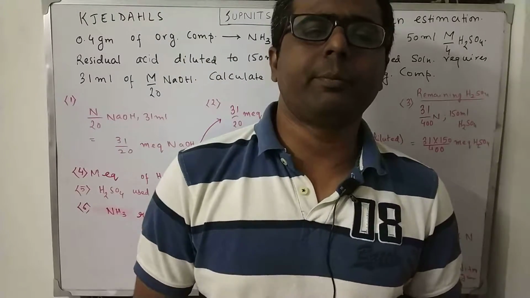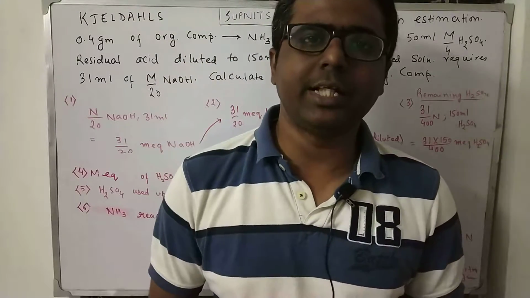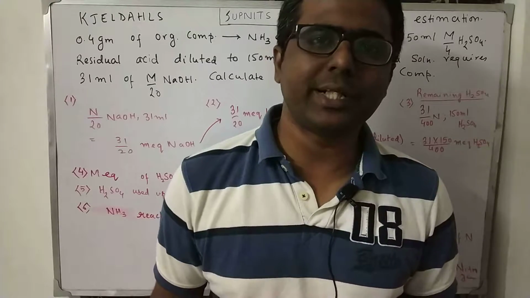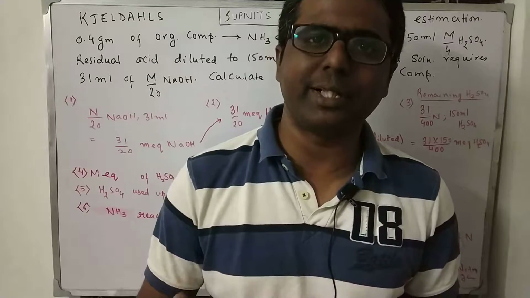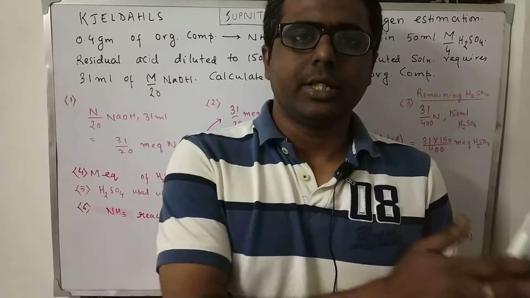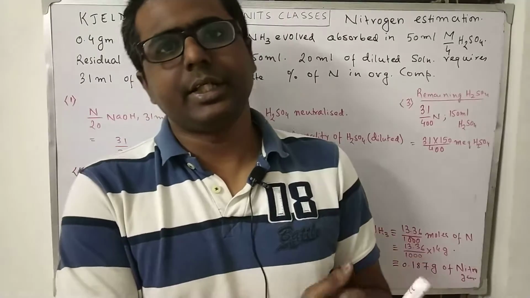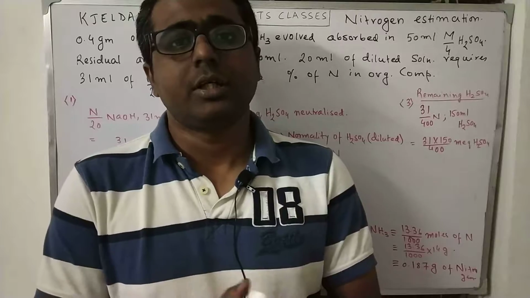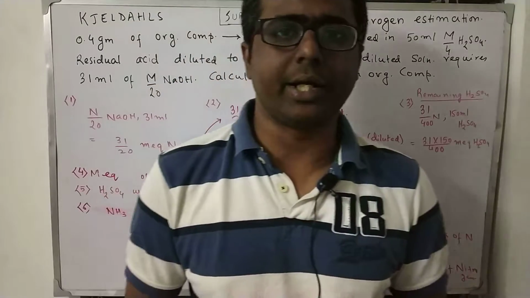First thing you have to remember, if we just revise a little bit on the halogen part, what were the precipitates that were getting formed, and we estimated based on that the amount of chlorine, bromine or iodine. In case of chlorides it was AgCl, in case of iodides it was AgI, and in case of bromides it was AgBr, right?